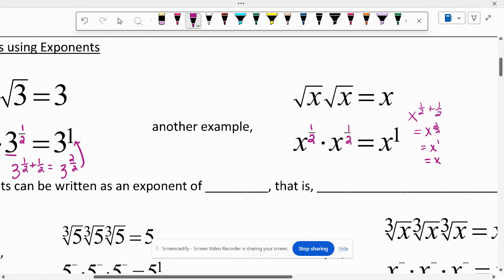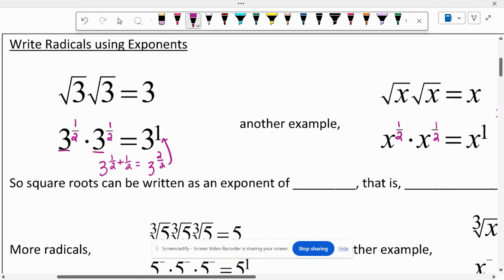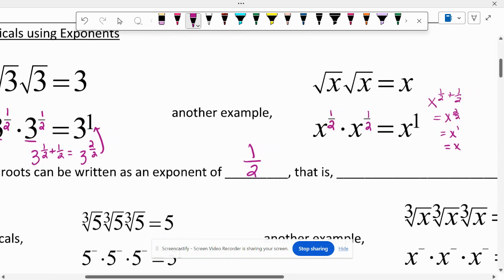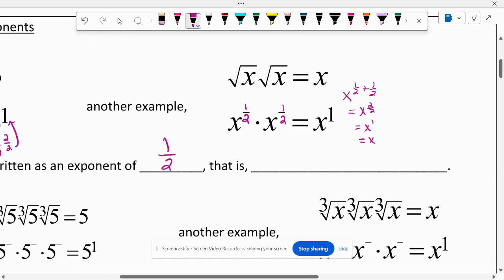Okay. So it says, hey, guess what? Square roots can be written as an exponent of 1/2. And that means that 2 is the index, and I'm going to write the word below it, root.